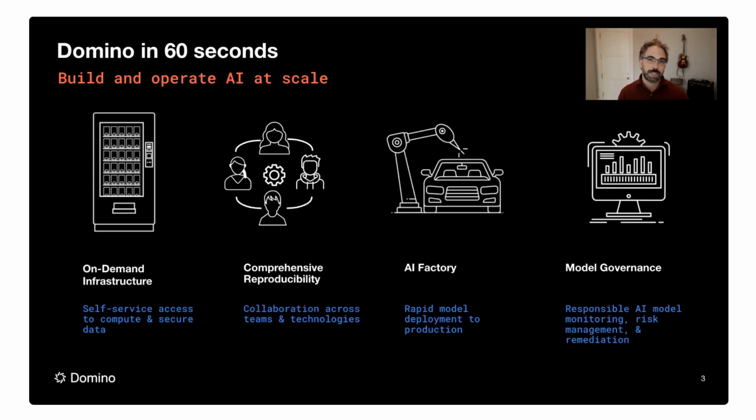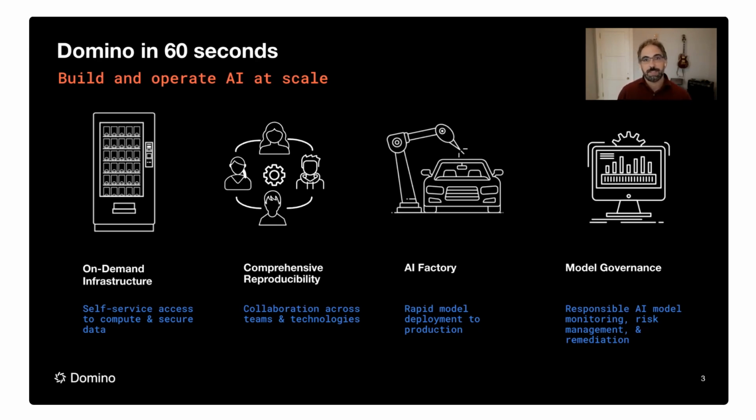So I want to start by giving you a really high-level view of Domino. Domino is the enterprise platform for AI that companies can use starting from developing models, getting them all the way into deployment, and then monitoring those models once they're actually out in the wild to make sure they're still performing as expected and delivering value to the organization. The way that we do that is we provide data science teams with on-demand infrastructure, so you get self-serve access to the compute and tools that you want to use.